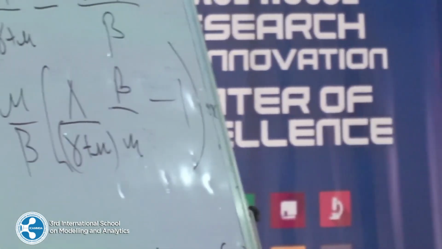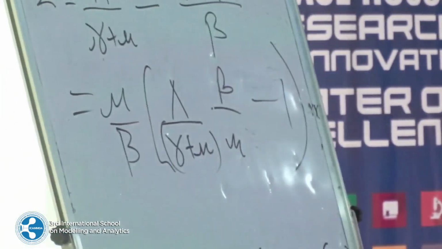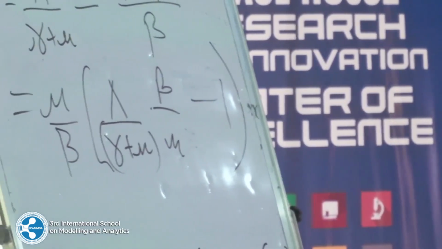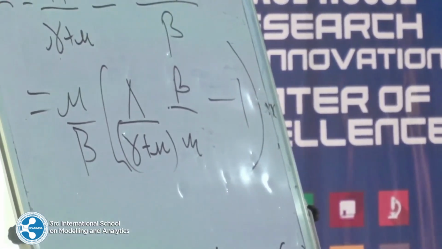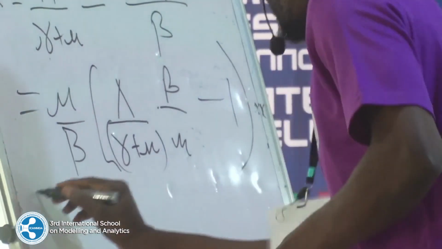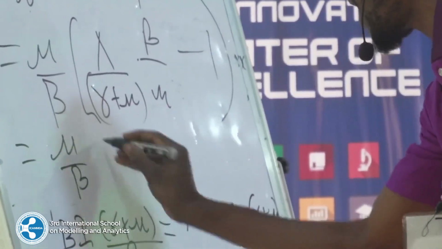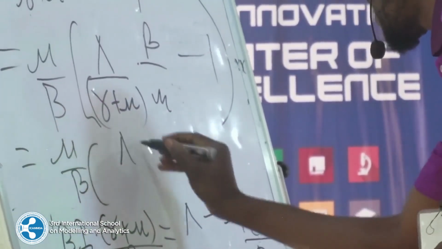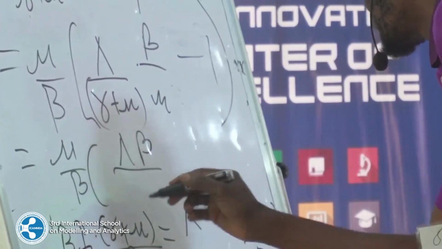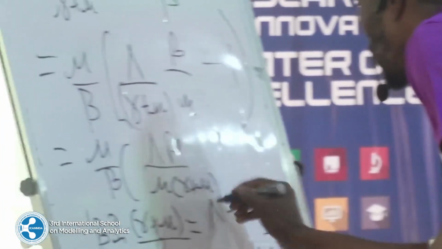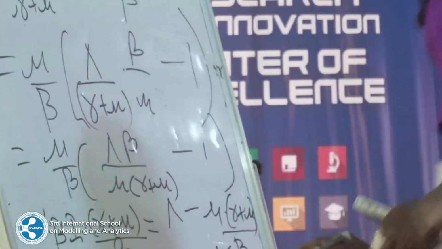If I factor mu over beta, is it correct? Okay, if that is correct, then I can neatly put this as mu over beta into bracket lambda beta over mu into gamma plus mu minus 1.